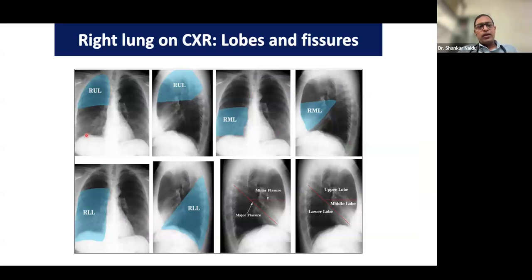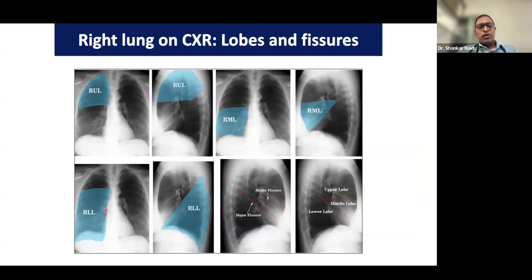However, if you want to correlate, then this is how the X-ray findings correlate. This would be the area of the right upper lobe, and this would be the right middle lobe, and lower down is the right lower lobe, which would be better appreciated in the lateral view. Anteriorly, what you can appreciate is mainly the upper lobe and the middle lobe on the right side.